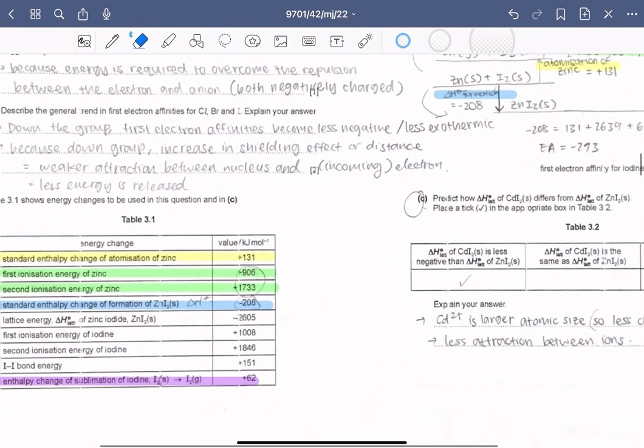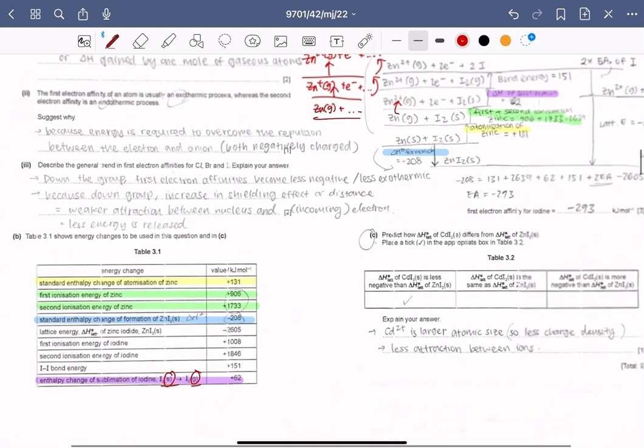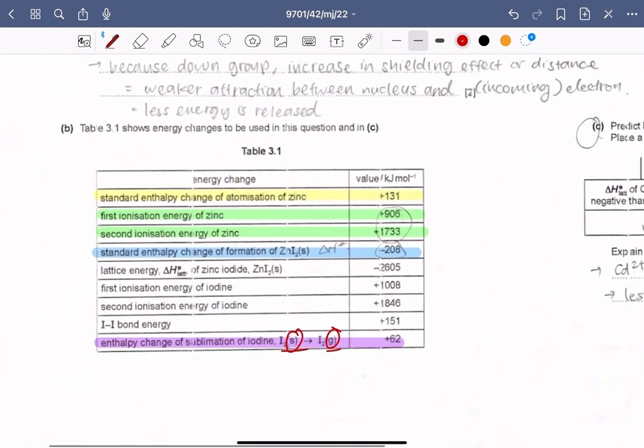This table can actually help you a lot because it's solid to gas, it states here. And sometimes this table often messes with you. It says I-I bond energy 151 when this is actually really not needed at all. So ignore this.